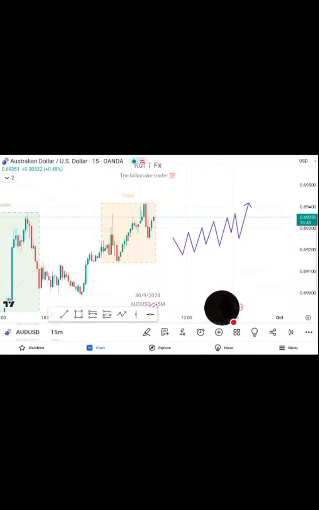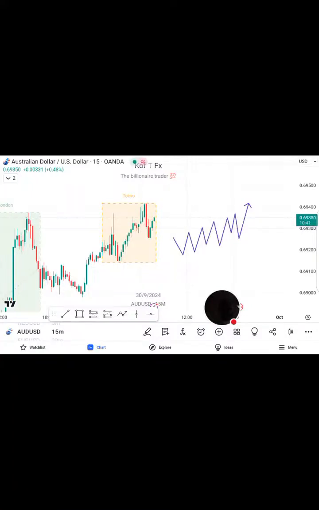This is what I'm now looking out for, just to make sure that we have an A setup that works most of the time. So based on the backtesting results I have, this is what I will most likely be looking out for, and I hope you take note of this.